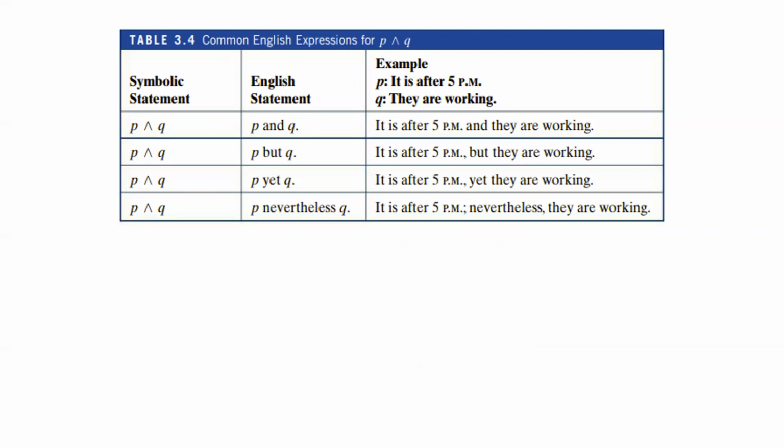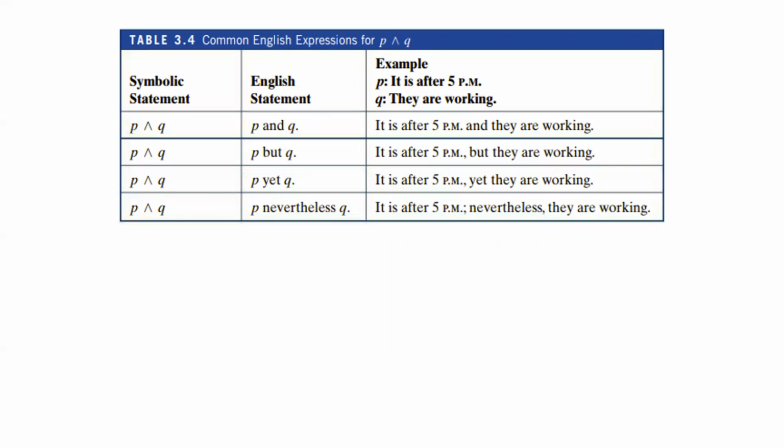There are a lot of English statements where we use and, but don't use the word and, confusingly enough. We say different words, but we mean those two things are together. And is obviously one of those relationships, but is one, yet is, nevertheless is.